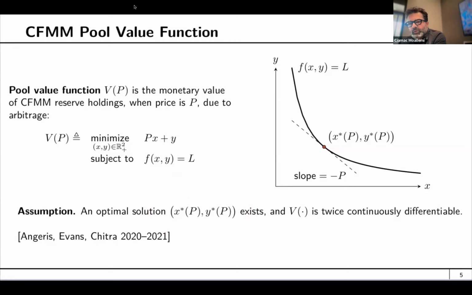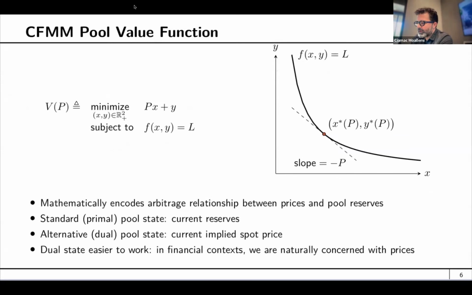Whenever the price is P, we expect arbitrageurs to move us to the state X star of P, Y star of P by nature of being profit maximizing and therefore trying to minimize the value of the pool. So we're going to assume that a solution here exists, and we're going to assume some smoothness properties. For all automated market makers that we are aware of, these properties are satisfied. So that is the pool value function object.